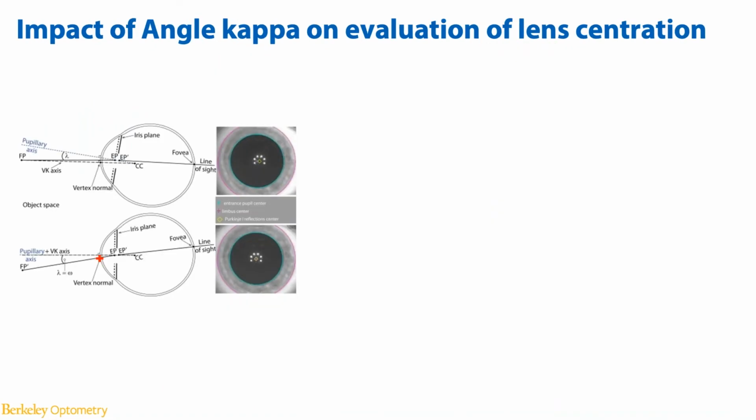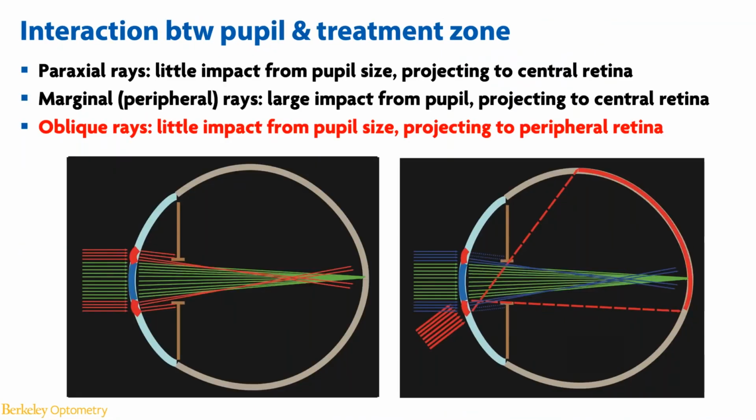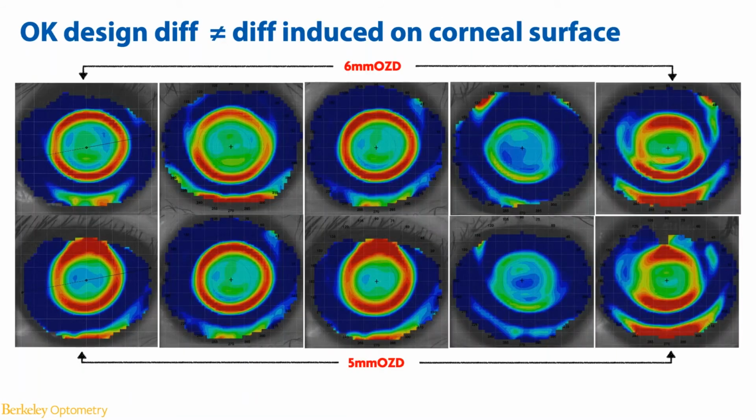So again, as I mentioned, we don't have enough samples in the study on the higher myopes. So I don't really know whether for higher myopes, the 5mm lenses will work better.